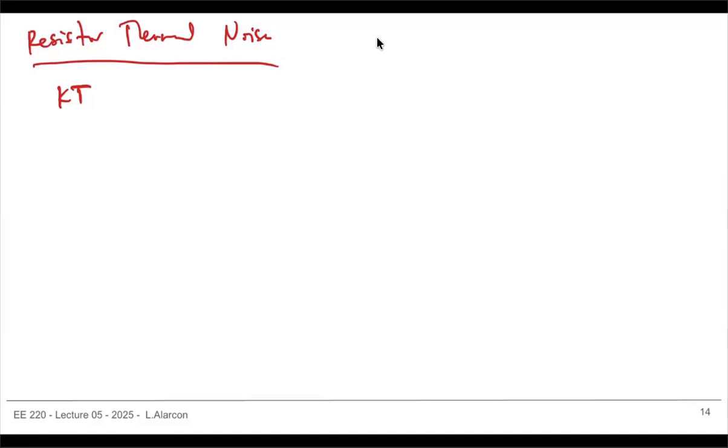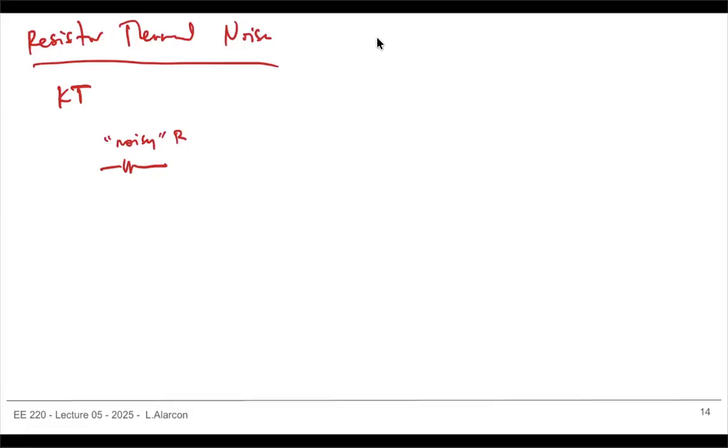That means if I had a resistor, let's talk about this. If I have a resistor and I call it a noisy resistor, it's a resistor that generates thermal noise. How much energy will that generate? Boltzmann says it's equal to kT.